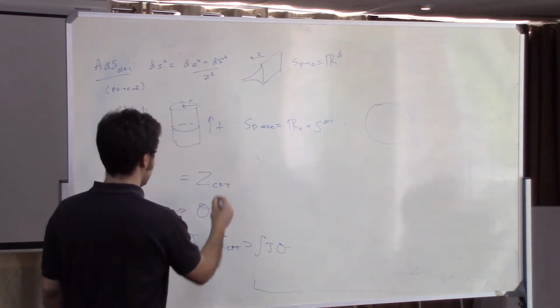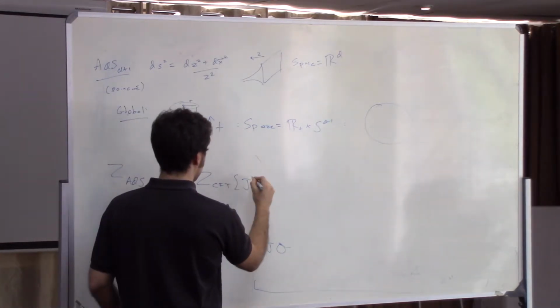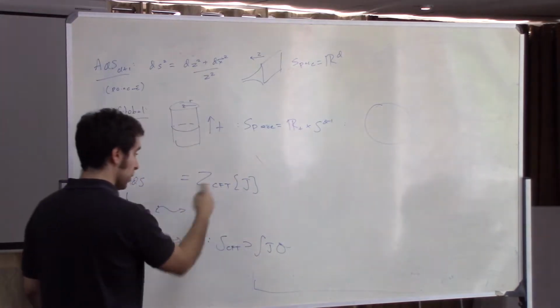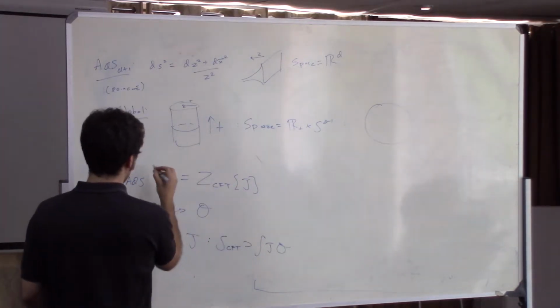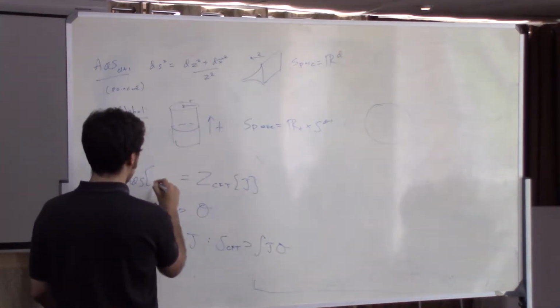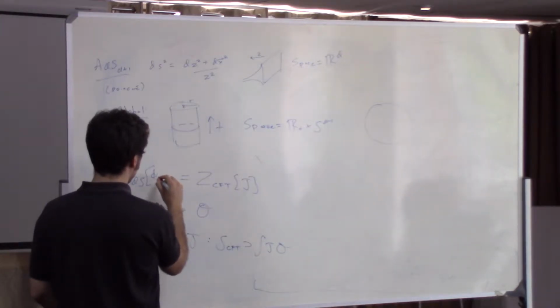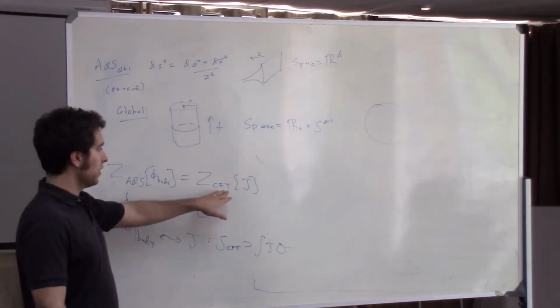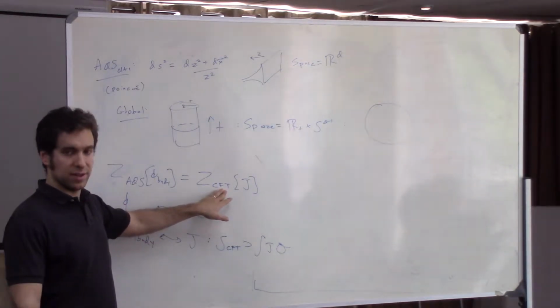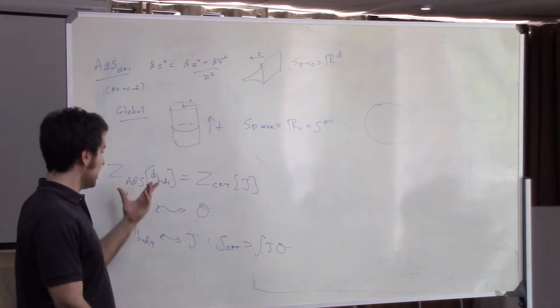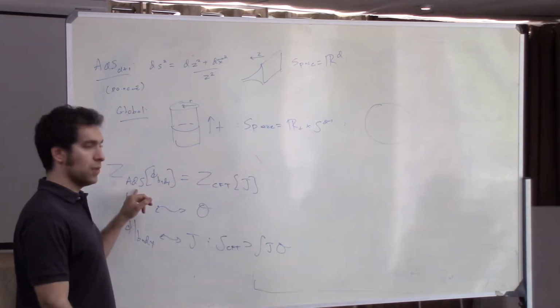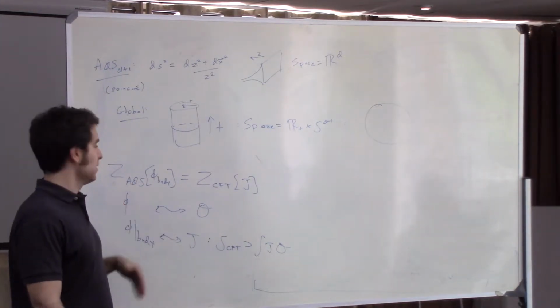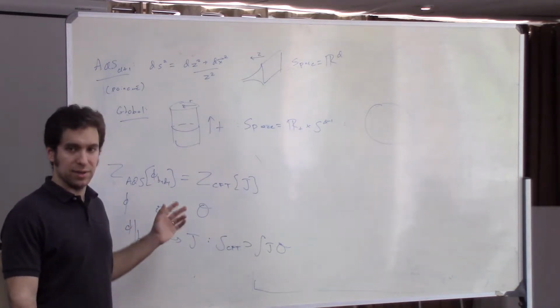And then, given this, I should view the CFT partition function as a function of sources J for these local operators, as equal to the AdS partition function viewed as a function of the boundary data for the bulk fields. So this is a generating function for correlation functions of the CFT, if you like, and it's equivalent to the path integral for AdS with all of its bulk fields, given the asymptotic AdS boundary conditions that we impose.